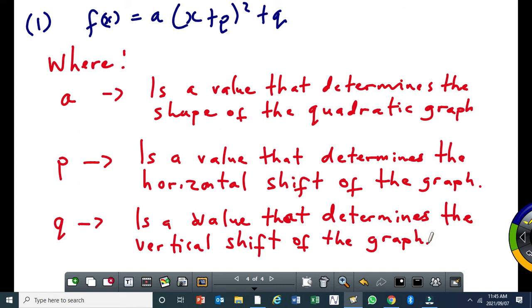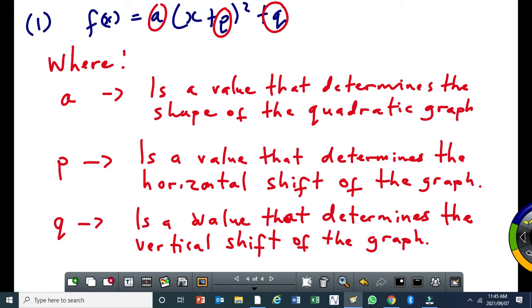Okay, so these are just the general meanings of the constants A, P, and Q. Right. So let me talk about the properties of a quadratic graph which has got the turning point form.